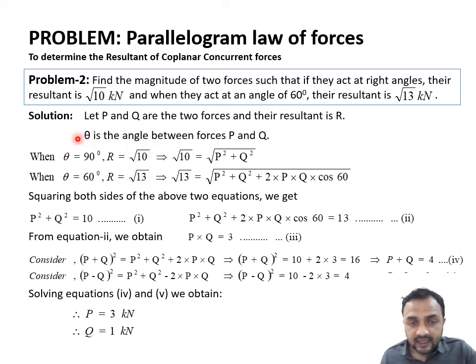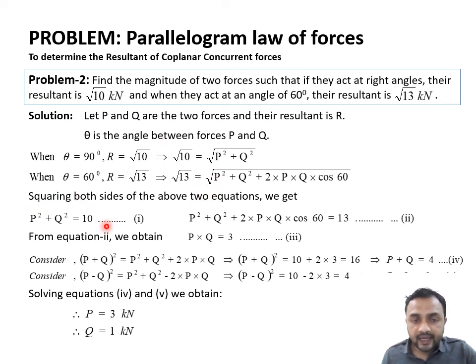If theta equals 90 degree, then what is the formula of the magnitude of the resultant force? Square root of P square plus Q square. So we put this formula: root 10 equals the square root of P square plus Q square. When theta equals 60 degree, R equals root 13, given in the question, so root 13 equals the square root of P square plus Q square plus 2PQ cos theta.